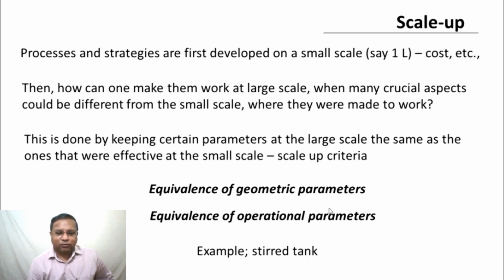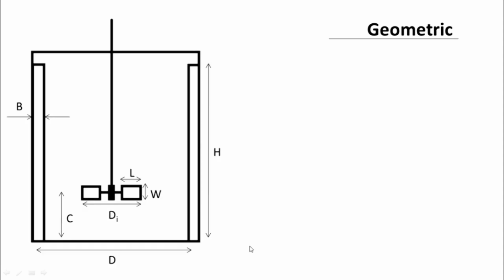And to look at the very surface level information on these, let us take the example of a stirred tank. First, the geometric similarity. When there is a stirred tank, okay, this is the stirred tank, the rectangle, actually it is a cylinder.